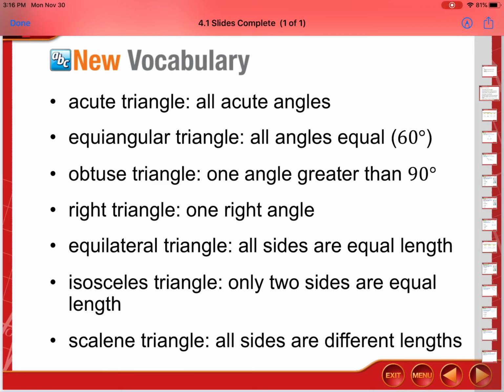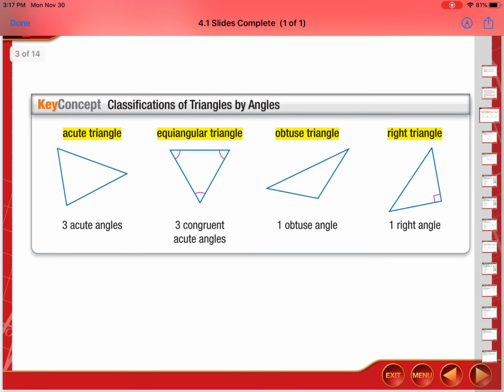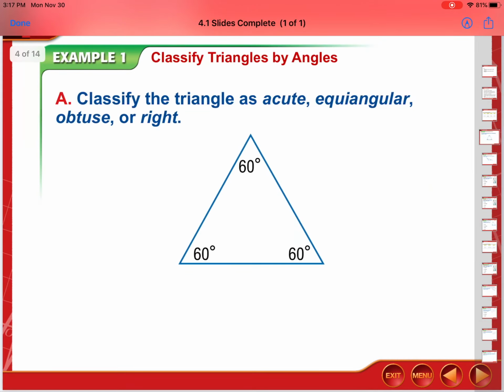You can't have 2 right angles or else it wouldn't be a triangle. An equilateral triangle has all the sides being the same length. Isosceles triangles have 2 sides that are the equal length, 2 sides and only 2 sides, because if it has a third side that's the equal length, then of course it's going to be equilateral. Scalene triangles have side lengths that are all different.